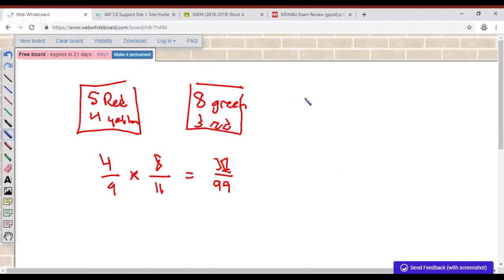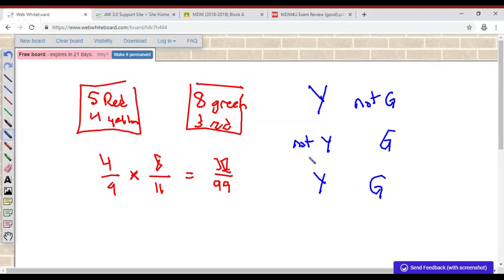Okay, so if I want a yellow from the first or a green from the second, I'd be happy with yellow and then not green. I'd also be happy with not yellow and green. And of course, I'd be happy with yellow and green. So one way to do it is to calculate all of those and add them together.